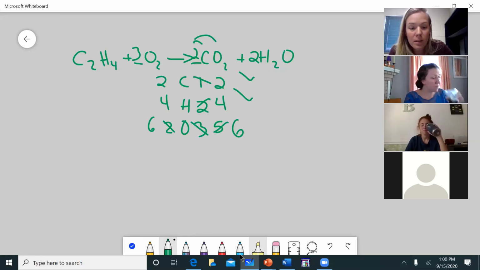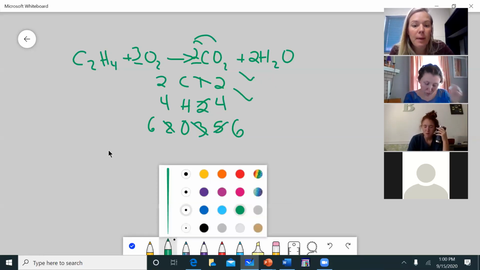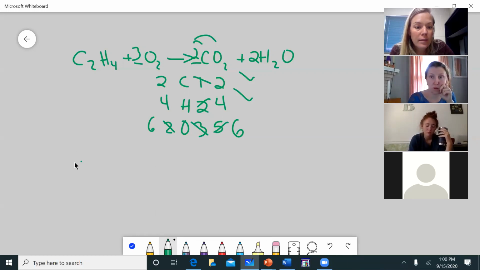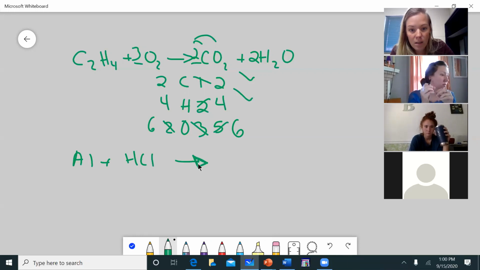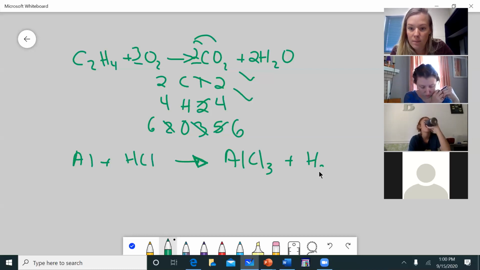So we've got aluminum. We're putting aluminum in some acid. So aluminum plus hydrochloric acid will give me a salt, AlCl3, and hydrogen gas.